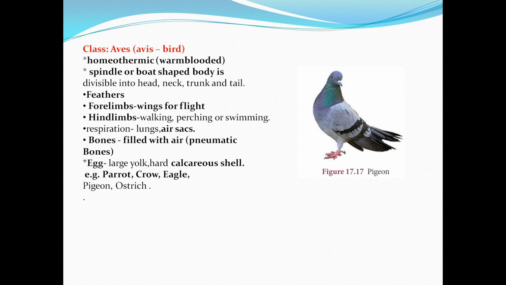And their bones are also filled with air, called pneumatic bones, and it also makes their body weight light. And they reproduce by laying eggs, and the eggs will have large yolk and a hard calcareous shell. Example parrot, crow, eagle, pigeon and ostrich.